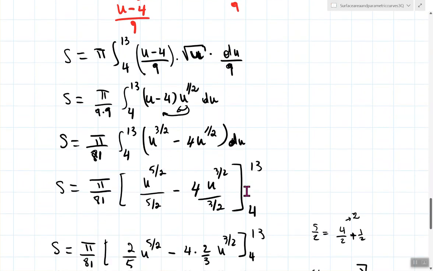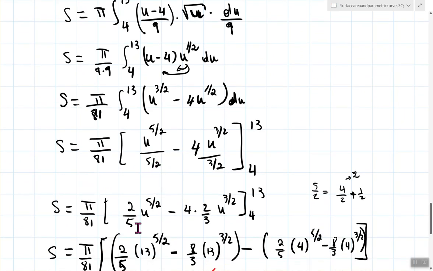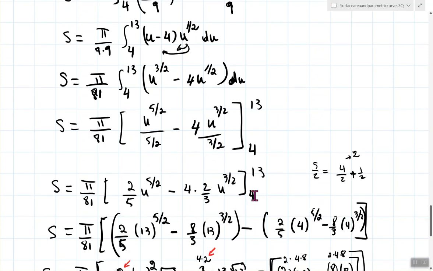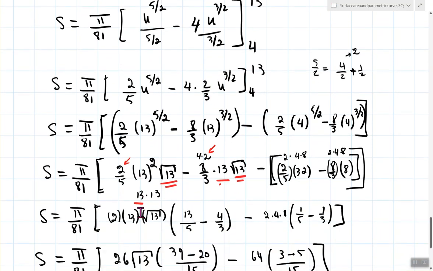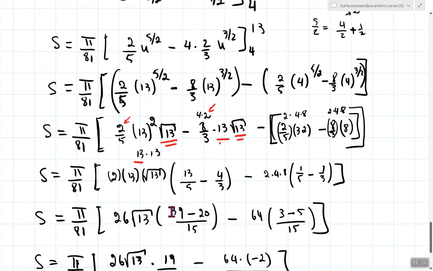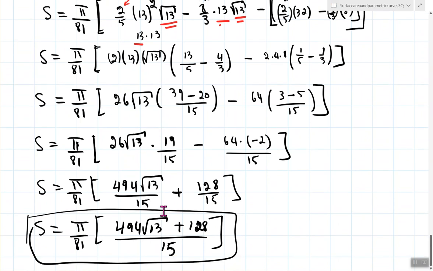After we finish integration, divide by fractions: 5/2 becomes 2/5, 3/2 becomes 2/3. Then you plug in 13 first into this expression, minus, you plug in 4 into the same expression, and you work on it to end up with the final answer.